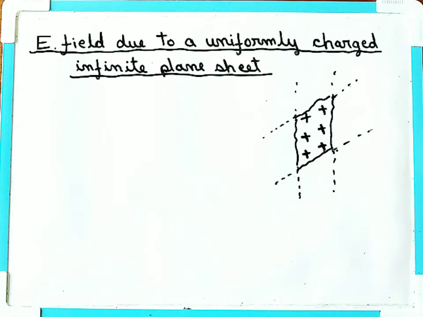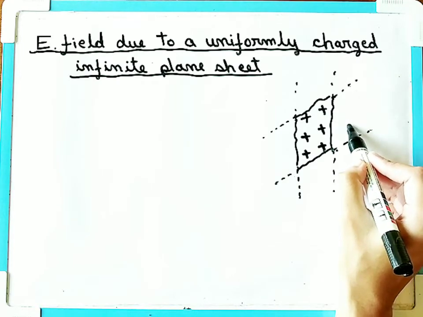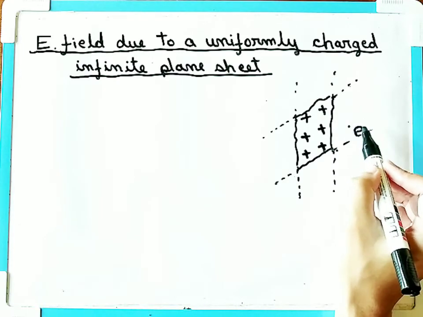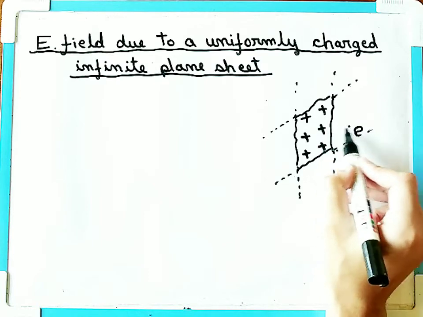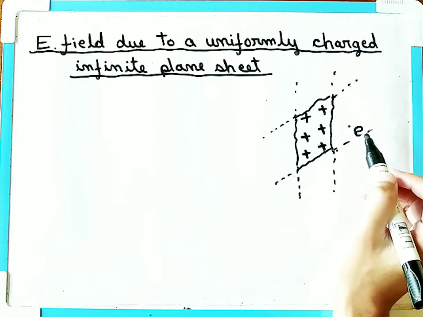So if you want to find the electric field due to a uniformly charged infinite plane sheet, say at this point P, which is at a distance r from this plane sheet, then we can use Gauss law to do that.